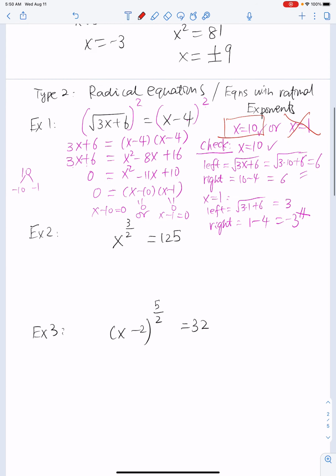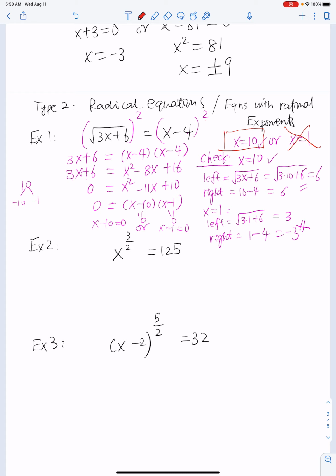This is very important. Okay, so for equations with rational exponents, with a square root you square. What should you do to get rid of 3 over 2? You want it to disappear. It will disappear when the power is 1.